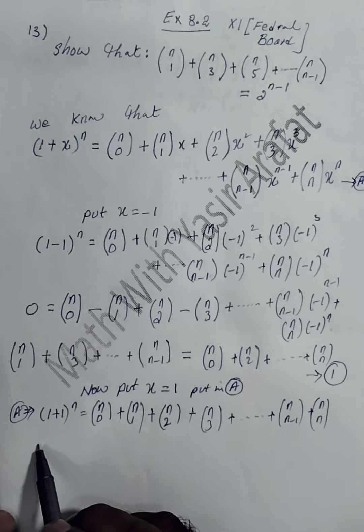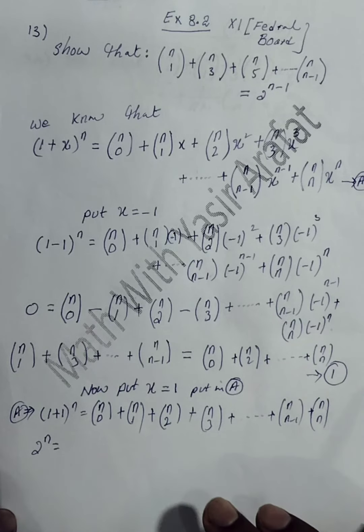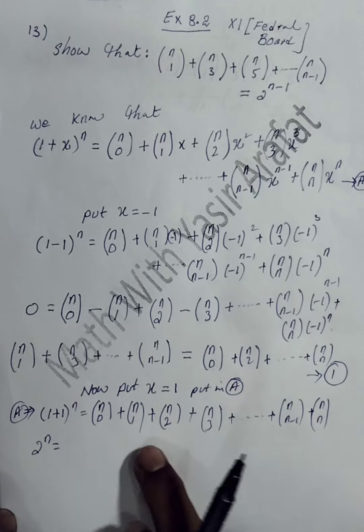Now here this is 1 plus 1, 2, and now we have to collect these even numbers and odd numbers separately.